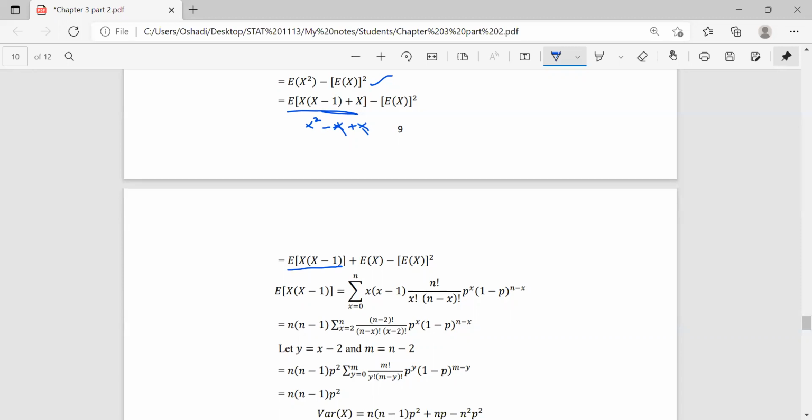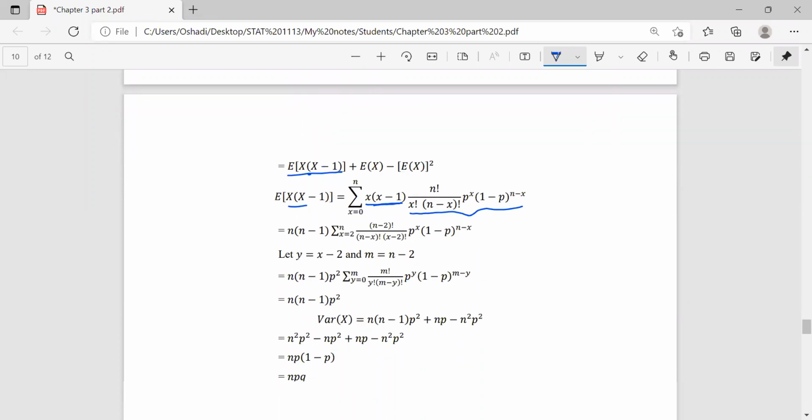As we found the mean, here also the same procedure is going to be continued. So the expected value of this part can be written, again using the summation, as x times the binomial distribution, right? The binomial distribution is nCx p to the power x into (1 minus p) to the power (n minus x). That is the expected value of this expression.